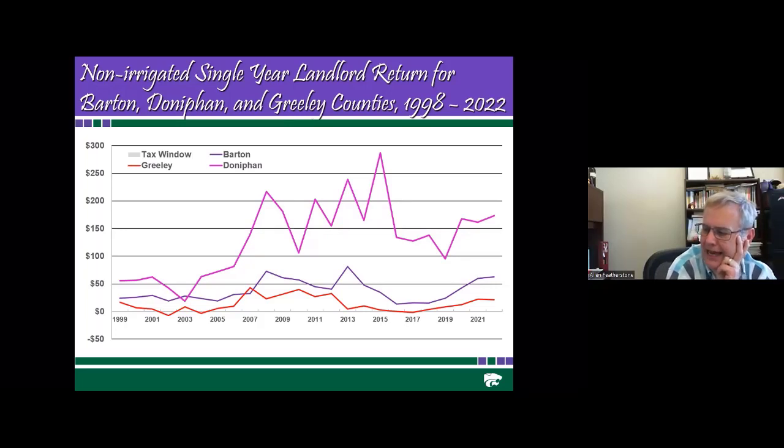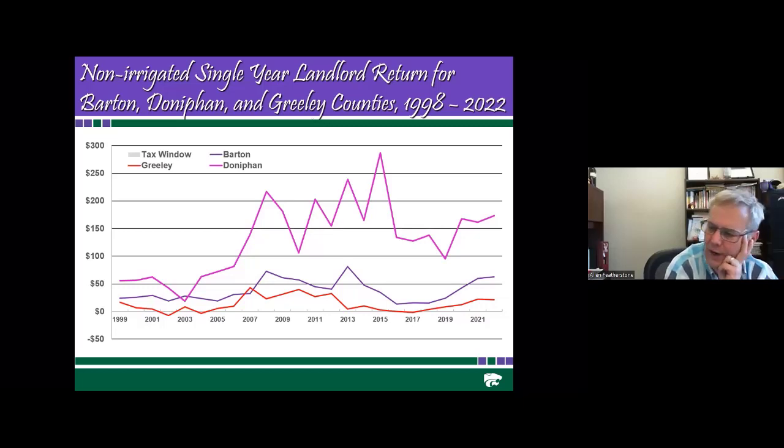One of the things to look at is when you look at the scale, Barton County has a lot of variability, but then you look at what we're dealing with Donovan County, where the numbers are a lot higher and there's just a lot more variability with regards to the income.